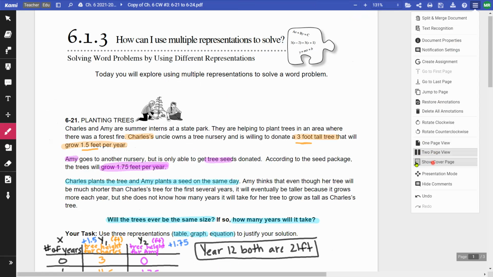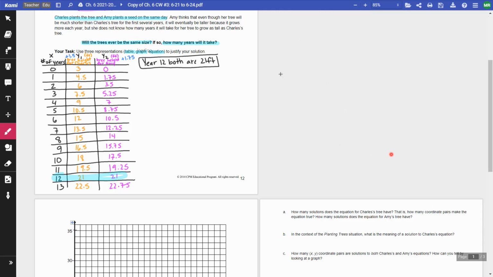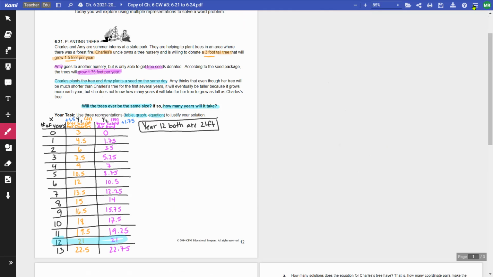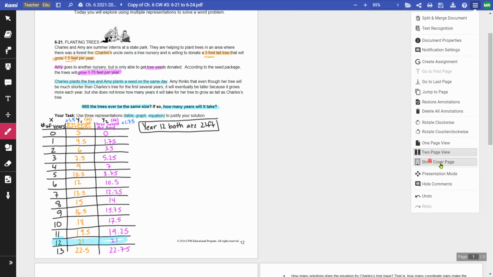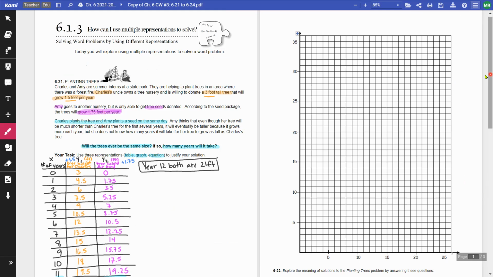Right now, mine didn't, but you'll notice here, this is what it's going to usually do. It's going to put this one first. I wanted these two next to each other. So if that happens, just come here and click or unclick, depending on what you want, this show cover page. And now they're next to each other.